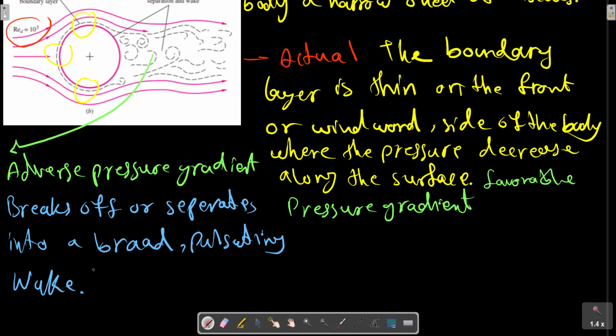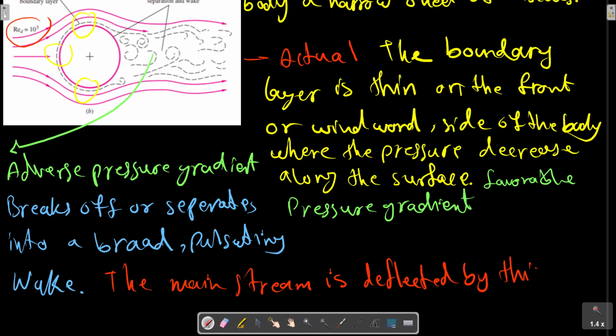The mainstream is affected by the wake. The mainstream is deflected by this wake, so that the external flow is quite different from the prediction of inviscid theory with the addition of a thin boundary layer.